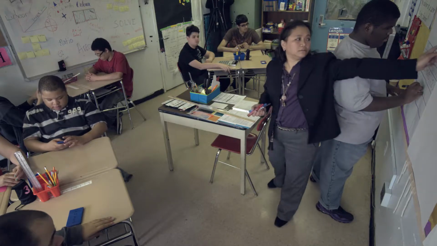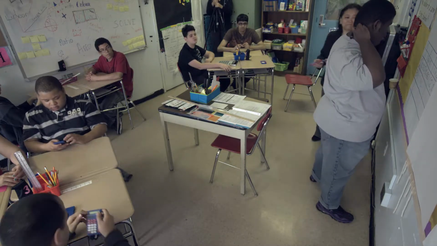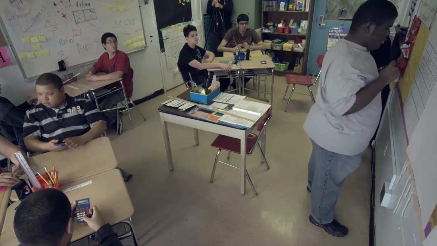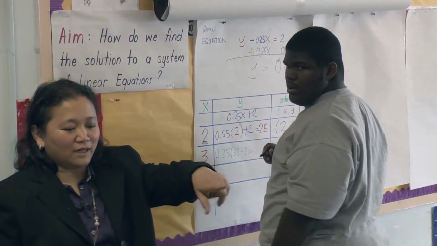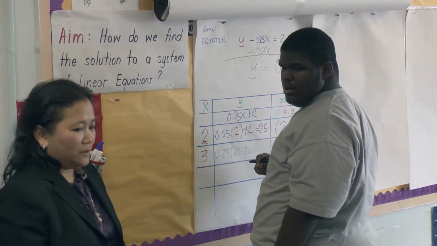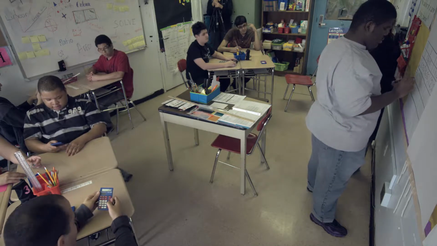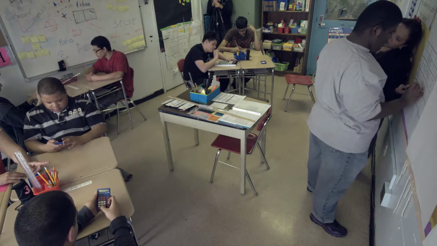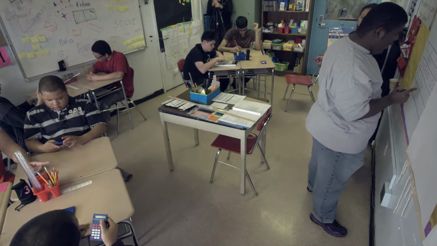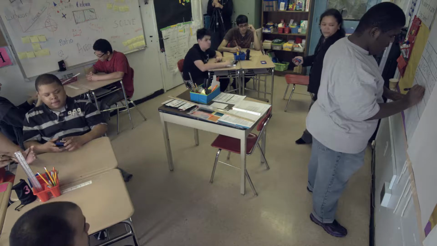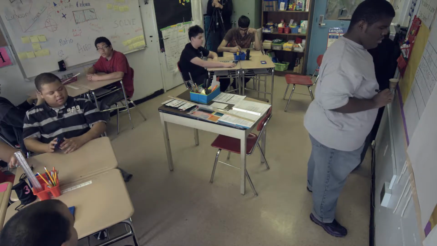Check the equation. Okay, I will show you in a little while. Can somebody help Maurice use the calculator? What do you have? It's 2.75. Okay, so 0.25 times 3 plus 2 is 2.75. Alright, good. Thank you, Maurice.